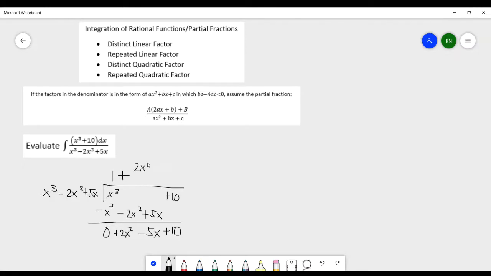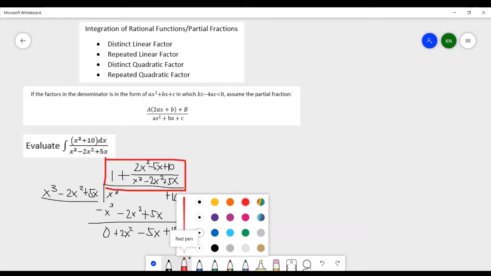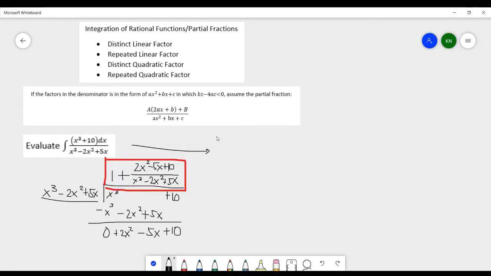So we have 2x squared minus 5x plus 10 all over x cubed minus 2x squared plus 5x. Now we can replace our equation by the quotient that we have. We can rewrite this equation as equivalent to 1 plus (2x squared minus 5x plus 10) over (x cubed minus 2x squared plus 5x), then we have the dx.